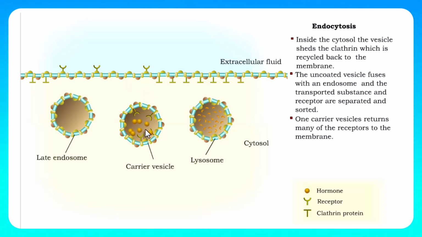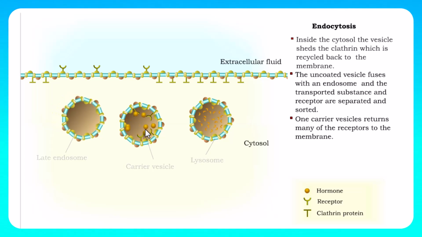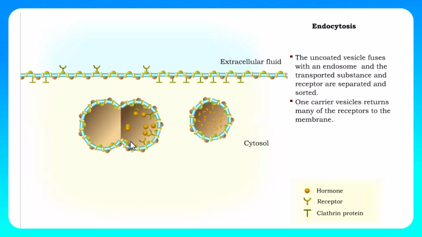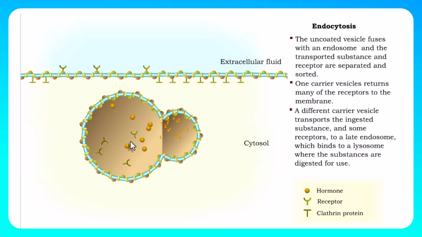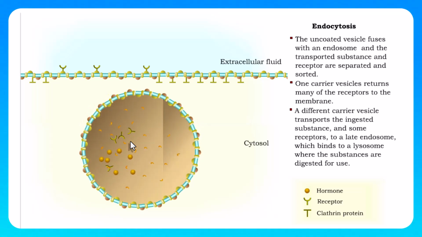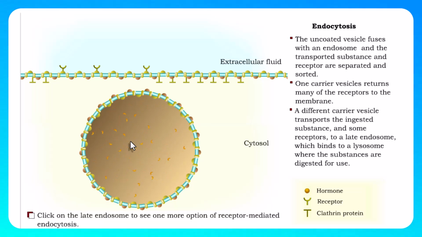Many of the receptors leave the endosome via a carrier vesicle and return to the plasma membrane. The ingested substance and some receptors are transported in carrier vesicles to a late endosome, which binds with a lysosome, where the substance is digested into usable products by the cell.